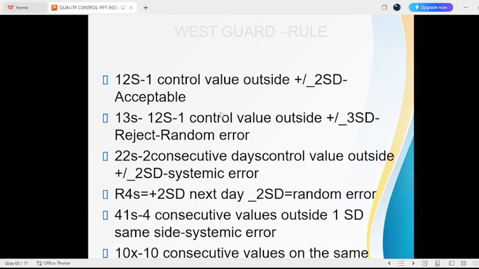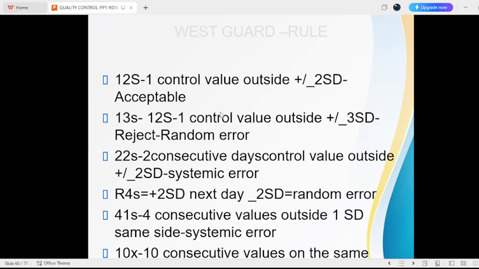Next, we have to apply the Westgard rules to decide whether our test is acceptable or rejected. The first rule is the 1 2s rule. That means one control value outside plus or minus 2SD.